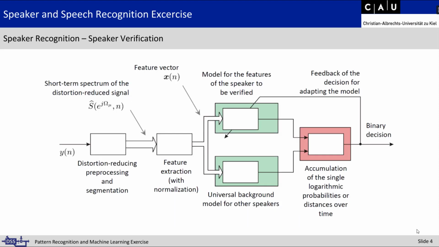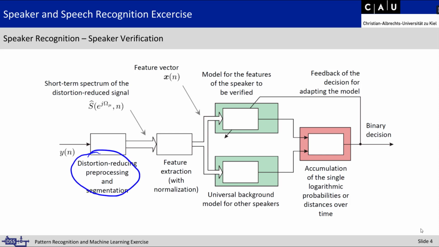Here is the overview of speaker verification. We have as input a speech signal that gets recorded, and we want to look if that speaker is in our database or not. So the result is a binary decision. For that we have our input y of n, and afterwards we do some steps that I will go through with you. The first part is distortion reducing pre-processing and segmentation.